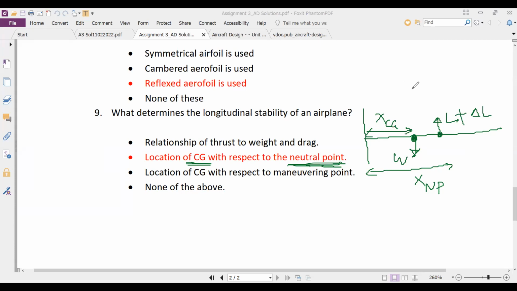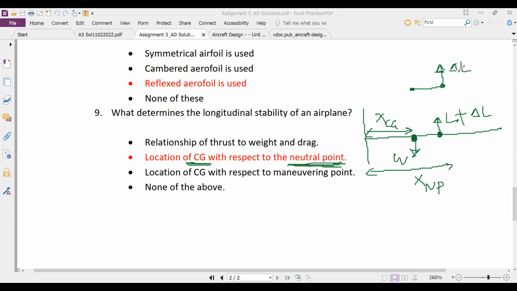So there is this point, and there is this moment arm. At the end of the moment arm, some force is acting, which is delta L, because L will be cancelled by the weight. So let's say the weight is constant for the duration we are talking about.